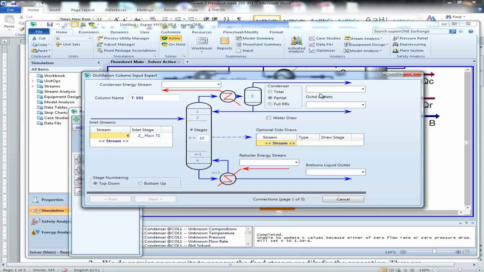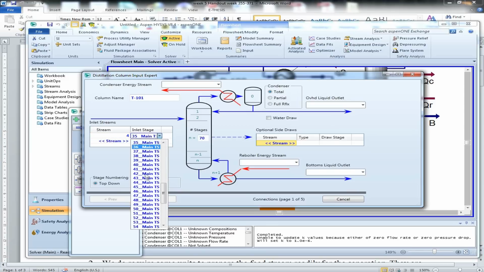Number 4. And let's make it total condensation, so the reflux is just returned to the column. We have about 60 or 70 trays by feeding at 50.